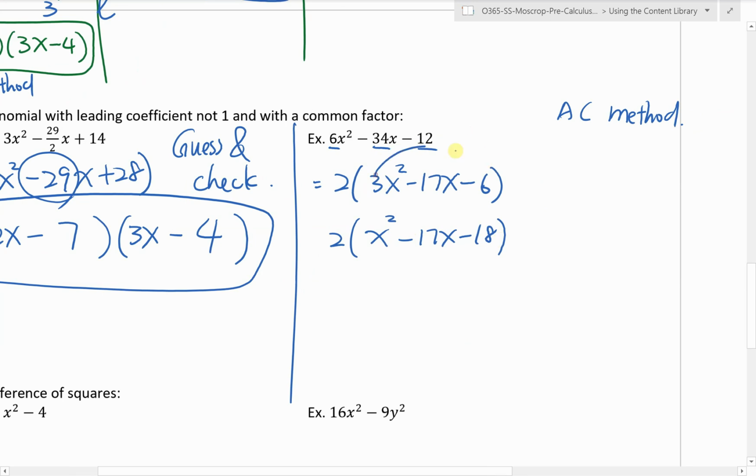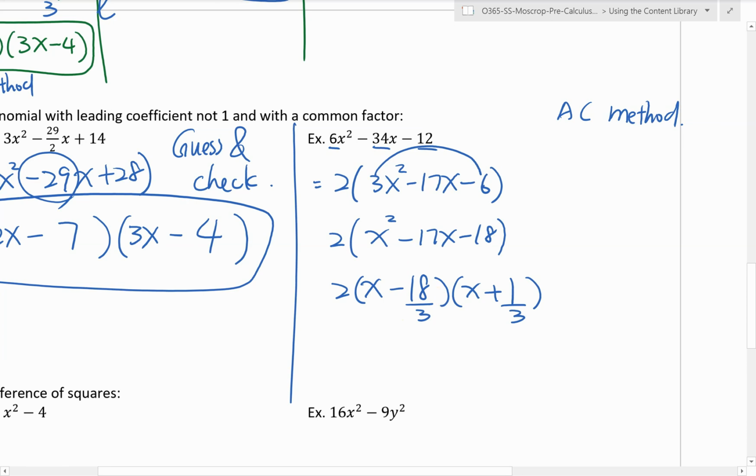Now this is like a simple trinomial, so you just factor like you would for a simple trinomial. You're thinking what two numbers multiply to negative 18 and add to negative 17. The numbers will be negative 18 and positive 1. Because we multiplied by 3 first, we need to get that 3 back by dividing both of these constants by 3.